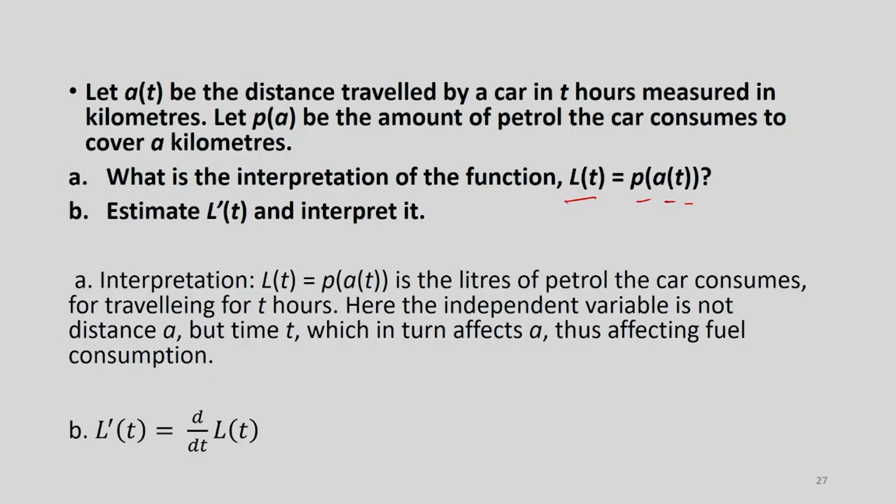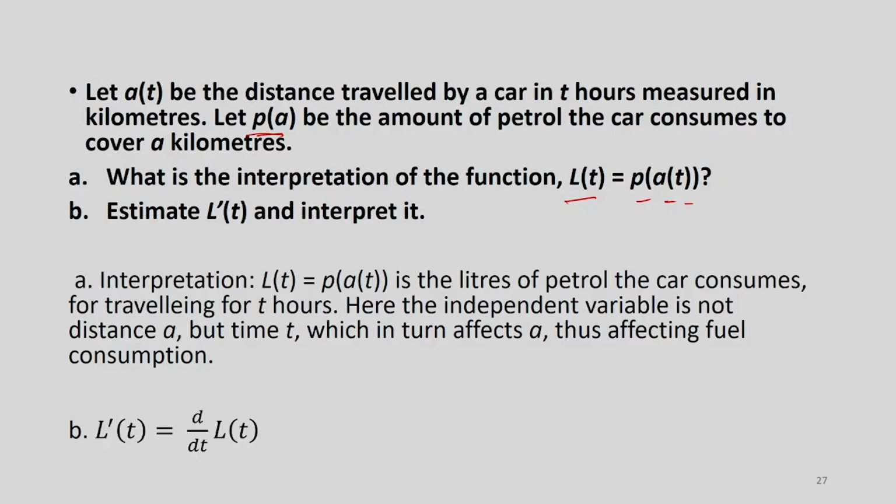Okay, so the interpretation is the following: L of t, which is equal to P of A of t, is the liters of petrol the car consumes for traveling t hours. Here, liters of petrol is a function of the time, right? It is not like P of A. In P of A, liters of petrol was a function of distance. Here it is a function of time.